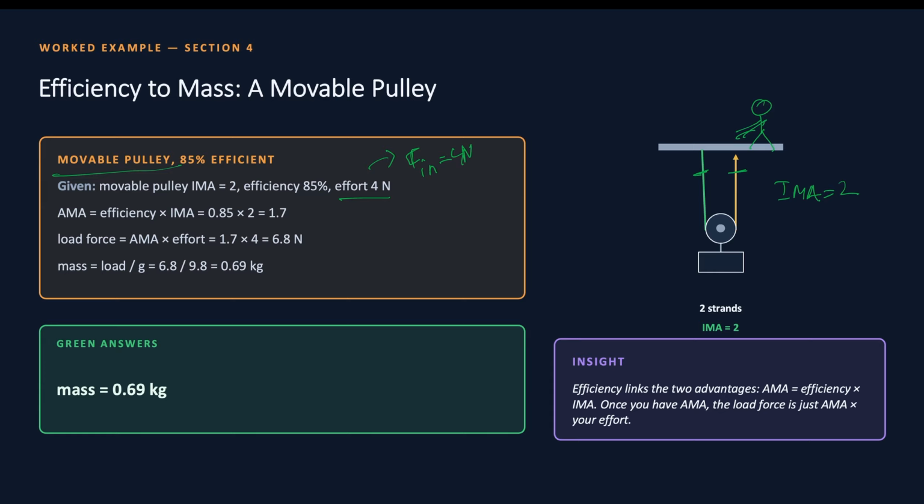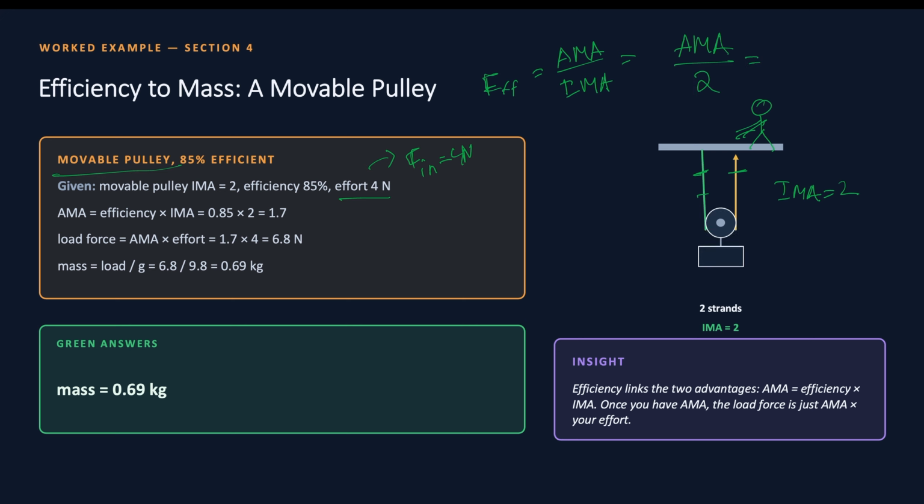So first, we can find our actual mechanical advantage, okay? So how can we do that? We can do efficiency is equal to how much I actually have over how much I'm supposed to have. How efficient is it? So AMA over ideal we know, right? 2, because there's 2 ropes that I'm pulling upward on.